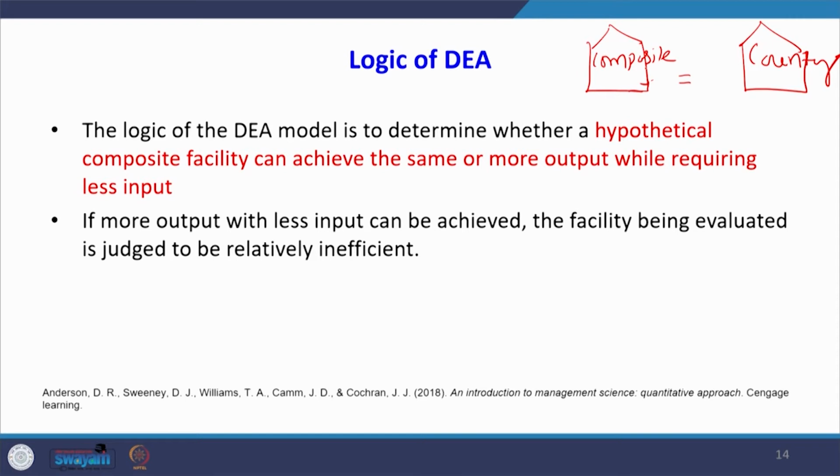The composite hospital is going to produce more output by using lesser resources than the county hospital. Then the composite hospital is more efficient. So, if more output with less input can be achieved, the facility being evaluated is judged to be relatively inefficient. So, the county hospital is inefficient, but the composite is efficient because it is achieving more output with lesser input.